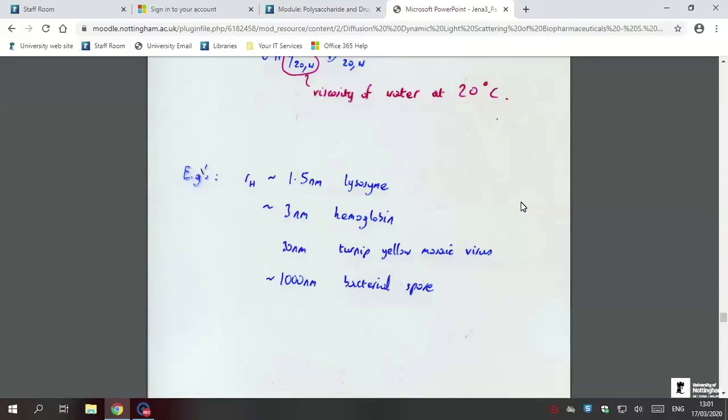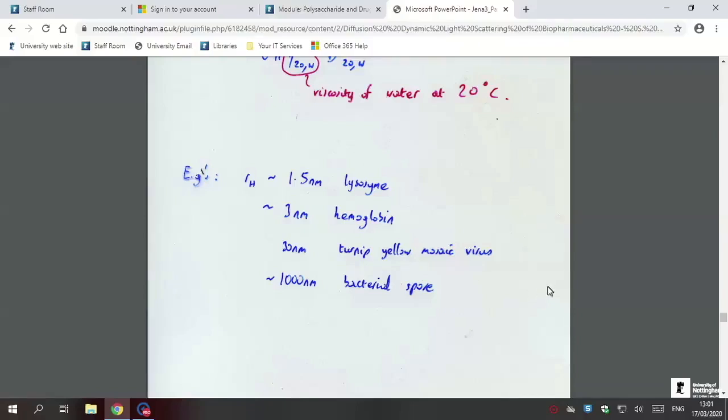But it is possible to use this sort of instrumentation to look at the sizes of these types of dangerous viruses, but under special situations, and also much larger macromolecular assemblies such as bacterial spores and other types of microorganism. So the method is well suited for that.